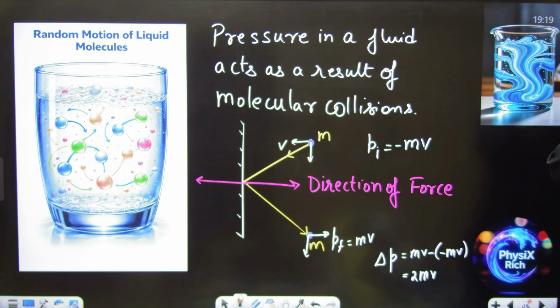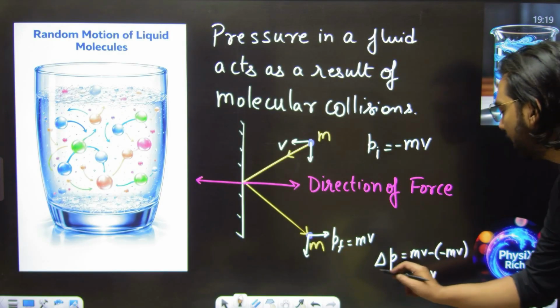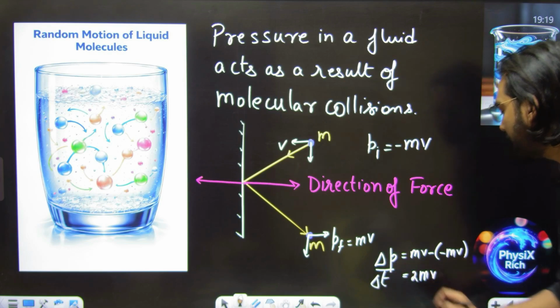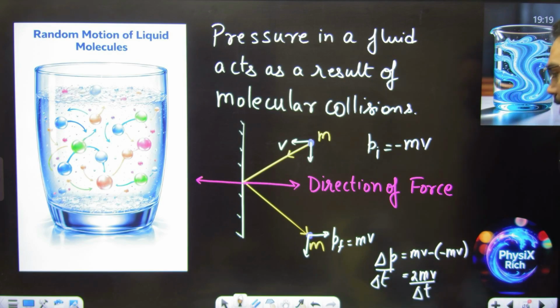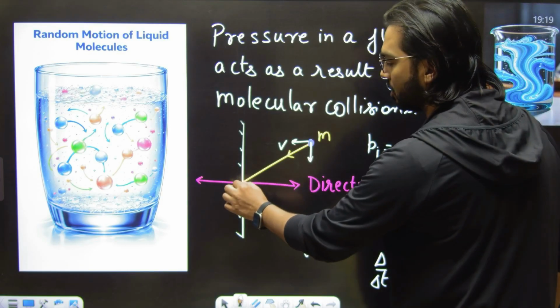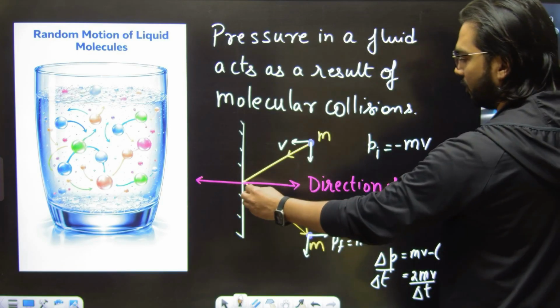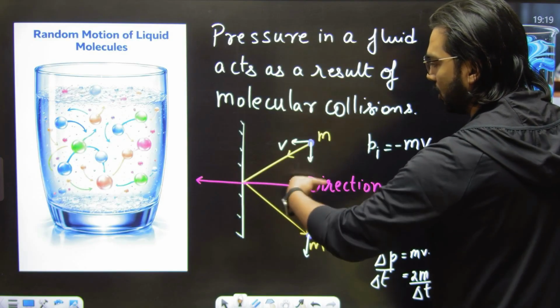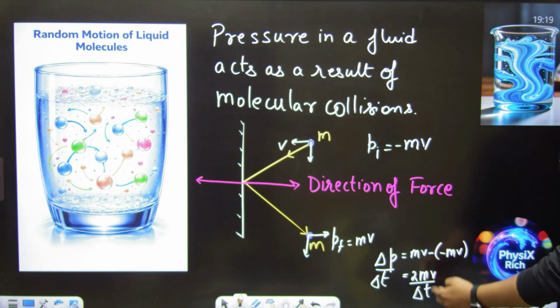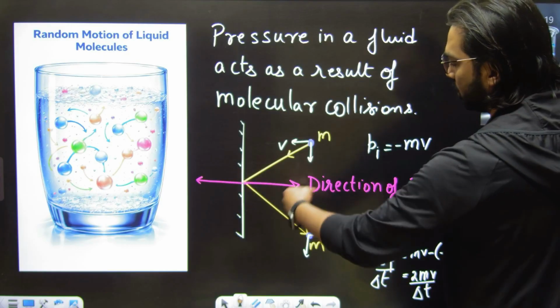and that is exactly where the direction of force will be, as explained by Newton's second law, that force is the same as the rate of change of momentum. If this collision takes a very small delta t amount of time, then in that delta t amount of time, I will be sure that the force must be acting perpendicular to this wall, and that's why this is where the force acts.